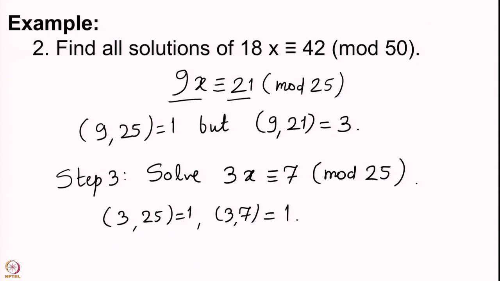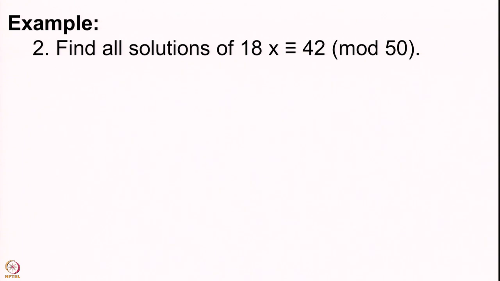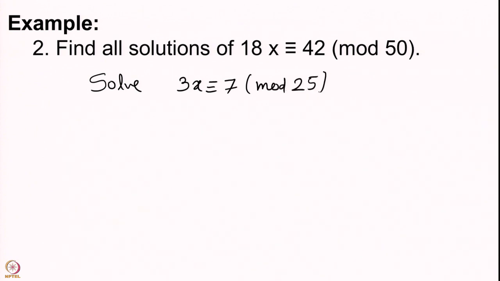This is how that small trick goes. Solve 3x congruent to 7 mod 25, but 7 is the same thing as 32 mod 25, because 7 plus 25 is 32.